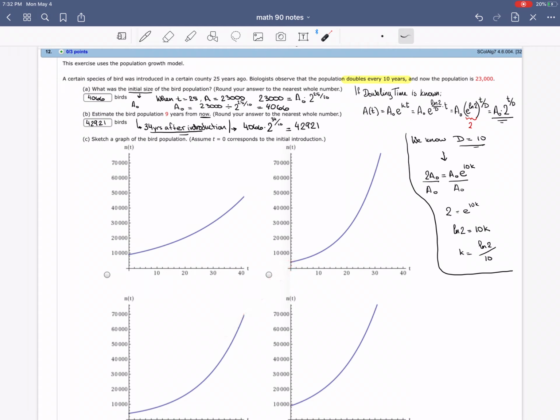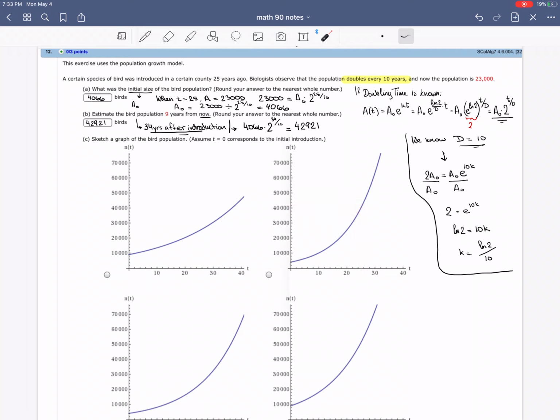Now let's see, for this one, 25 years in. So 25 is halfway between 20 and 30. So that's about here. Okay, so there we are. And if we go over, that's too many. There are too many birds 25 years into this population.